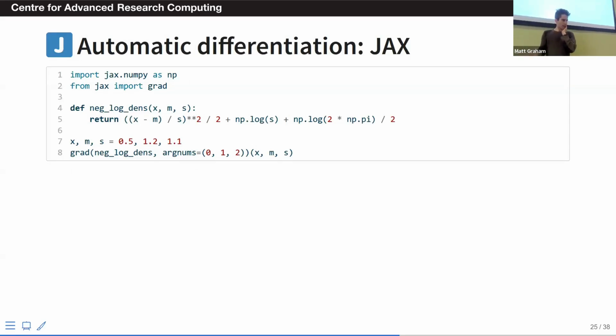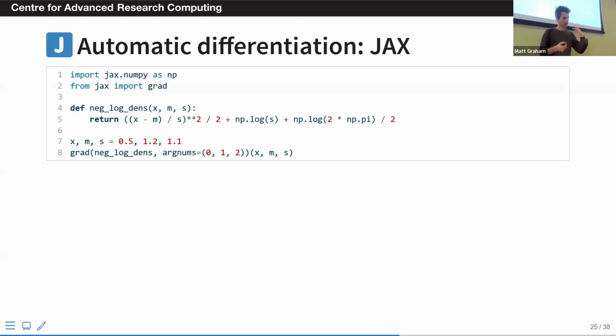So JAX is another autodiff framework in Python, and you notice here the code hasn't changed much between these two slides, because JAX's API was meant to be very close to Autograd, and it shares some of the same contributors.